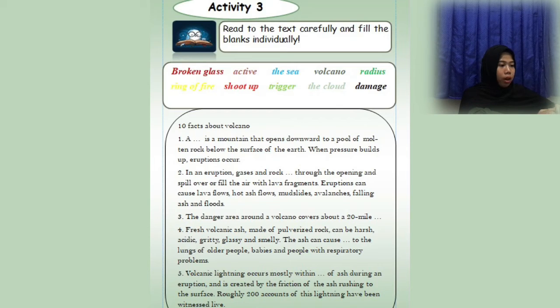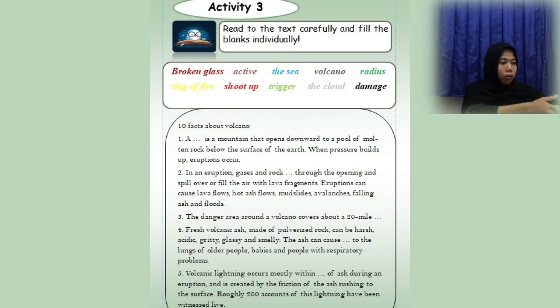Number 4: Fresh volcano ash made of pulverized rock can be hard, acidic, gritty, glassy, and smelly. The ash can cause blank to the lungs of older people, babies, and people with respiratory problems. Number 5: Volcano lightning occurs mostly within blank opposite during an eruption, and it is created by the friction of the ash rising to the surface.